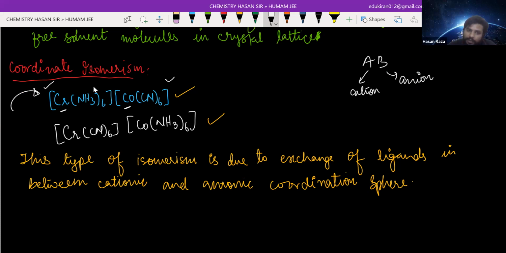There will be a force of attraction between them and they become one. Now, when they exchange their ligands, they form coordinate isomerism. Is that clear to both of you? Yes, sir. Please do write it.